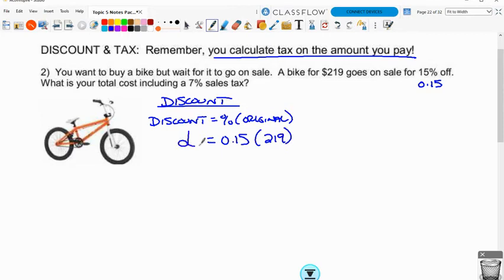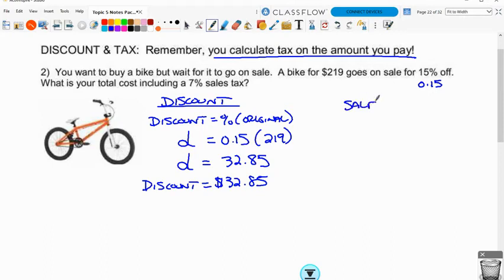The variable's alone on the left, so to get the amount of discount, we're going to multiply on the right 15/100ths times 219. And when we do that, we get 32 85/100ths. Okay, so the discount equals $32.85.